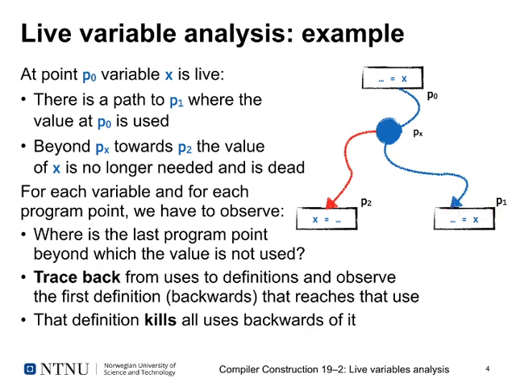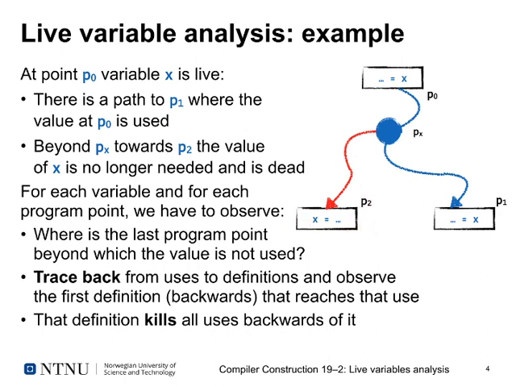So of course programs can branch. If we have a situation like this, where we have a certain point in our program where we can branch to the left here to p2, and to the right to p1 here, we can have different behaviors of our program. So we see we have a program point px here, and if we go to the left at p2, the value of x is overwritten with some new assignment here.